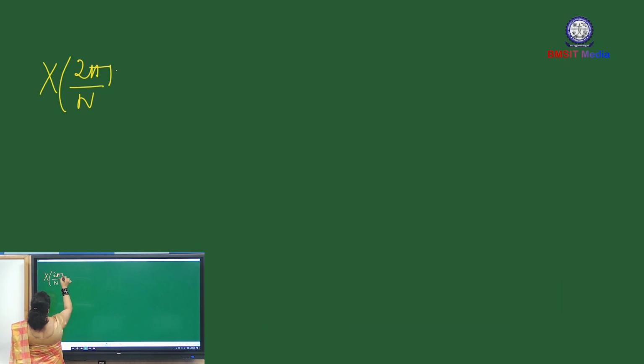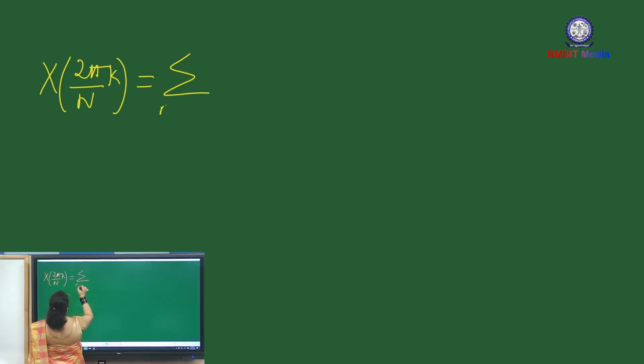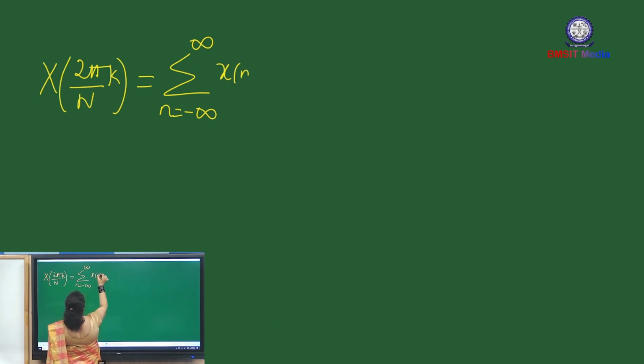Now here I am going to replace omega with 2 pi by N and the index k. So I get X of 2 pi by N into k, which is equal to the summation of n varying from minus infinity to infinity x of n e raised to minus j.